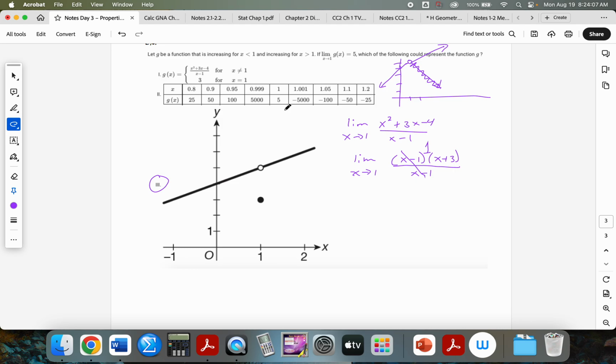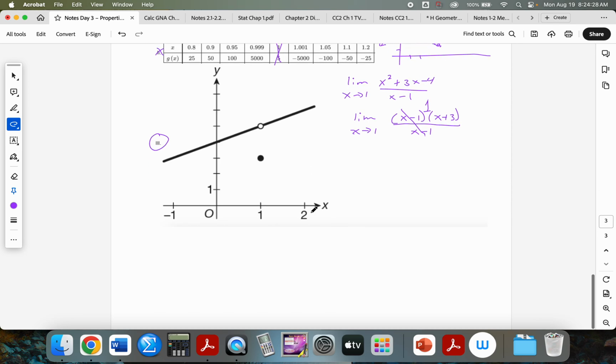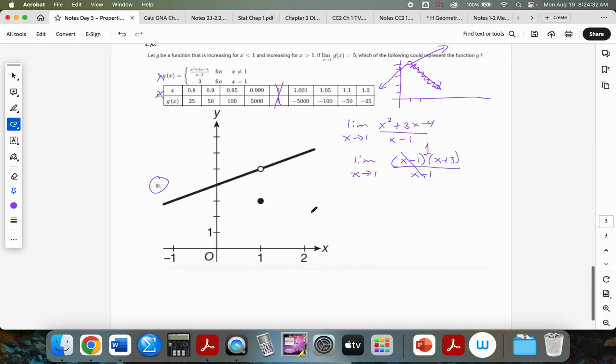Doesn't look like it. The table certainly doesn't support it, because remember, the limit, we don't care what happens at 1. So we're looking at this and you're like, not so much. So it's just 3. Okay? Any questions about that?